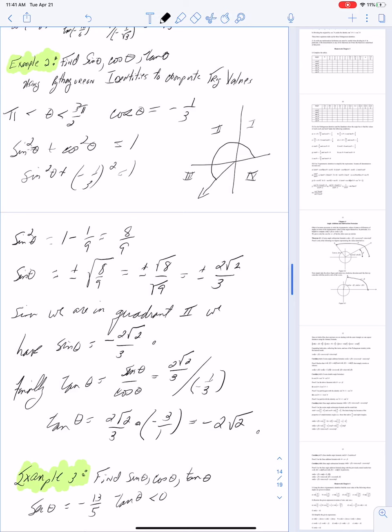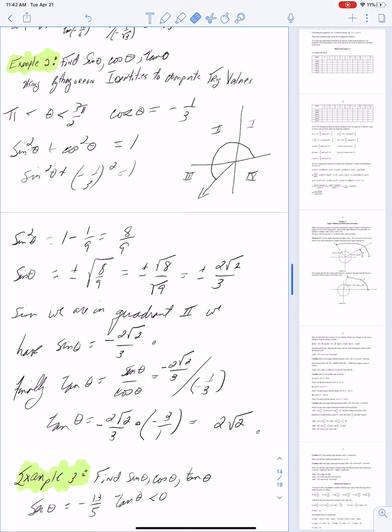Well, the tangent is what? Sine over cosine, but the sine was minus 2 root 2 divided by 3. The cosine is minus a third. And so I get minus 2 root 2 over 3 times minus 3 over 1.